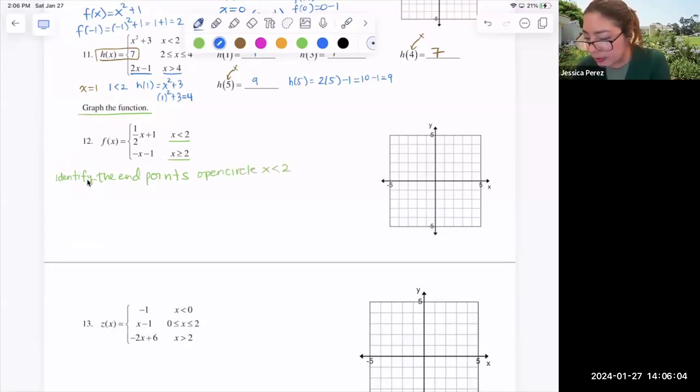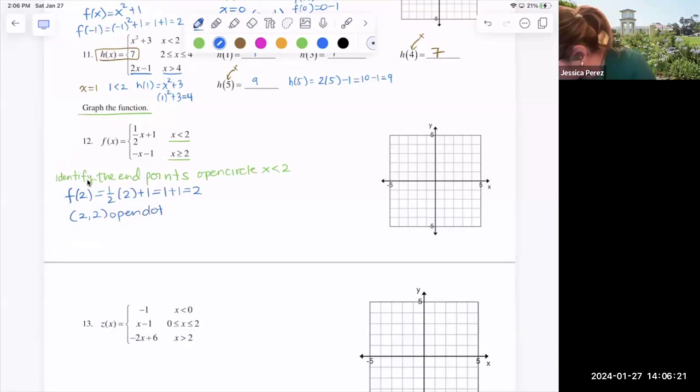So then, what's f of 2? 1/2 times 2 plus 1. 1/2 times 2 is 1, plus 1 is 2. So this point, 2 comma 2, is going to be an open dot. So I have 2, 2, it's going to be open like so.